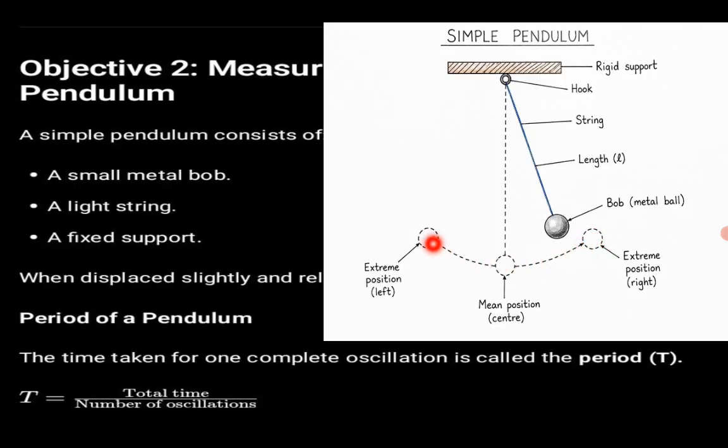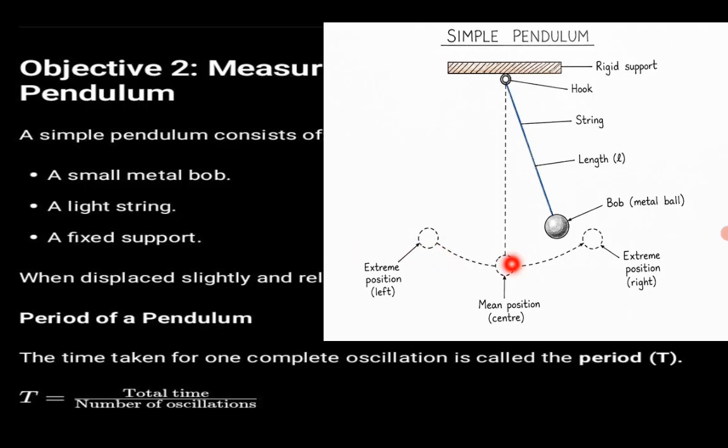To oscillate means to move to and fro, to and fro, to and fro. This movement is called an oscillation. So it's going to do so as long as there's nothing to stop it. That's called oscillation.